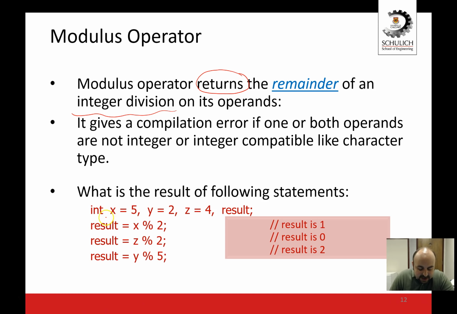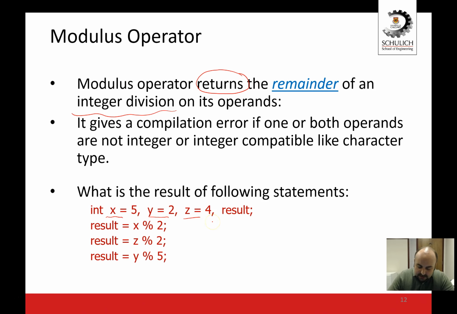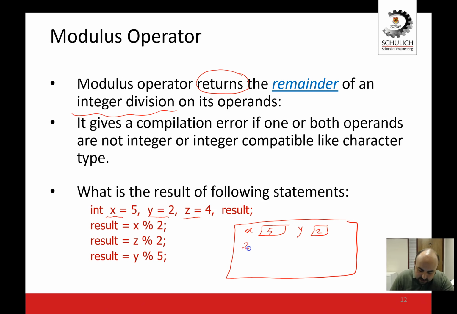So if you have int x equal 5, y equal 2, and z equal 4, this is the memory diagram. x is 5, y is 2, z is 4, and we have result.